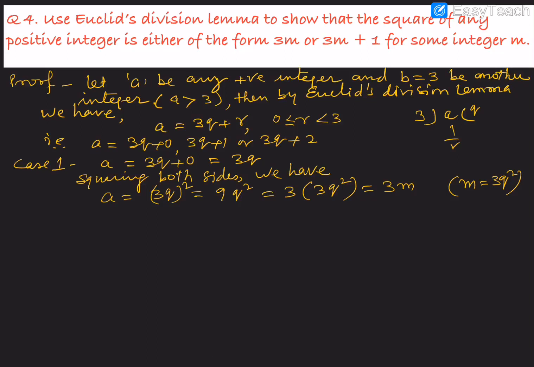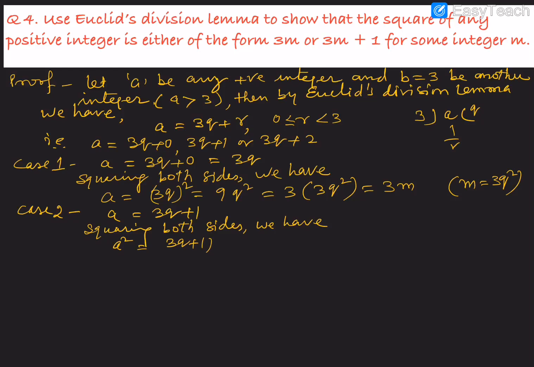Case 2. a is equal to 3q plus 1. Squaring both sides, we have a square is equal to 3q plus 1 whole square.